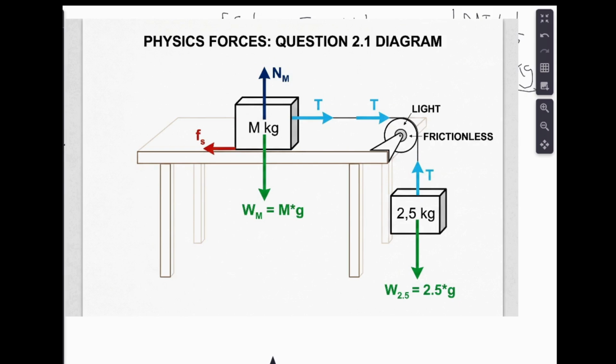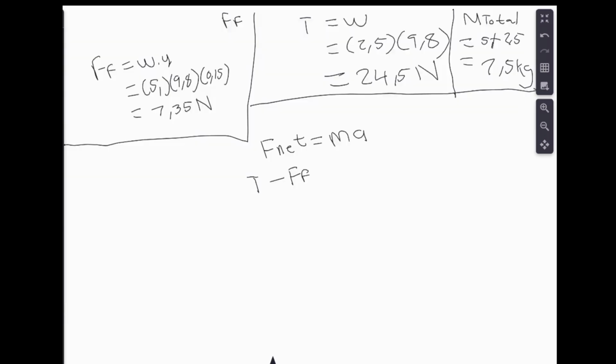So the friction between the table and the mass is going to be working against the whole system. This is why we need to subtract the frictional force to get F total, which will equal mass times acceleration. You must add the two masses, because now they are accelerating together, they are moving together.